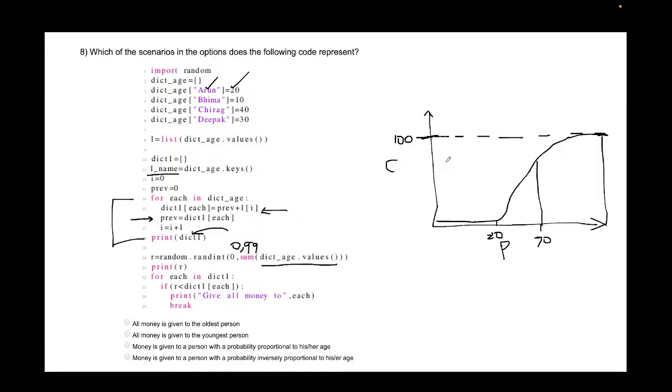Let's say some other person, the second oldest person is Deepak, so his cumulative age will be 30 plus 20, 60, so that will lie somewhere here. Let's say 60 is somewhere here.